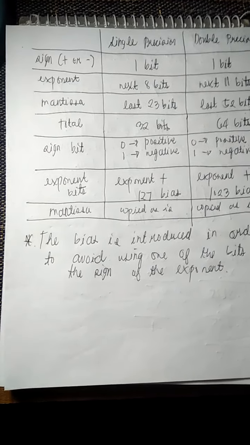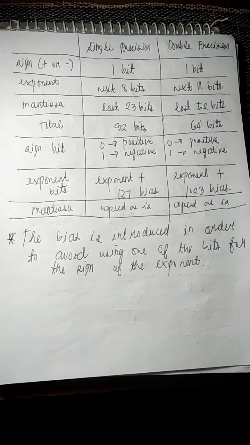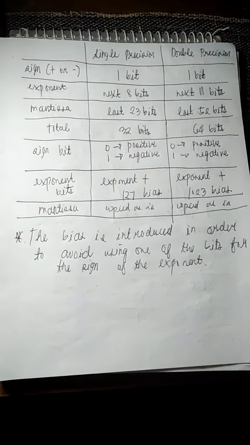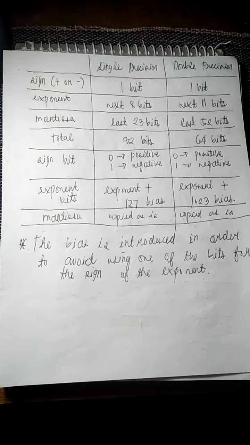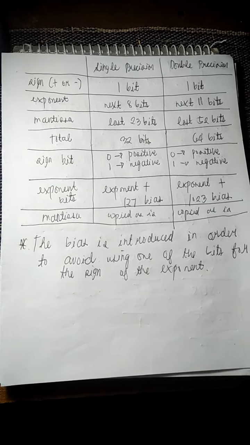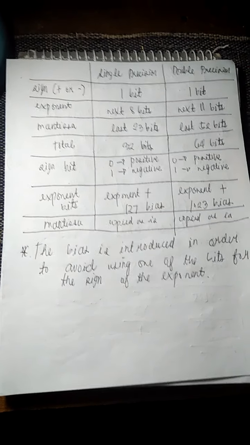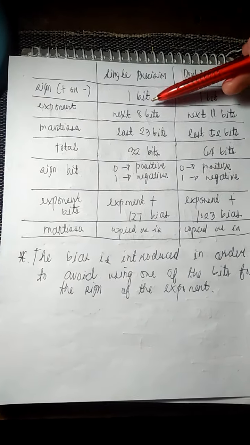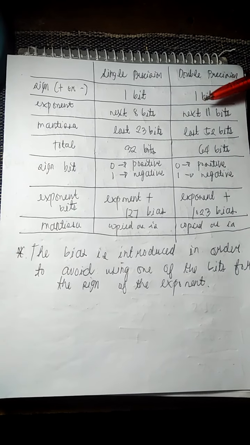According to the standard, there are two precisions: single precision and double precision. The sign consists of 1 bit in both. The exponent is 8 bits in single precision and 11 bits in double precision.